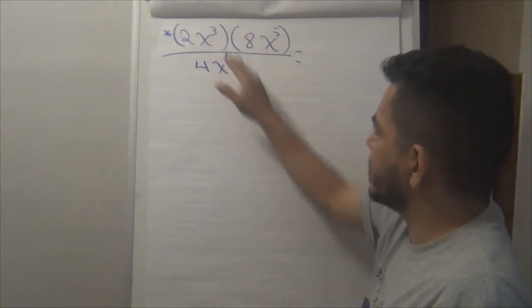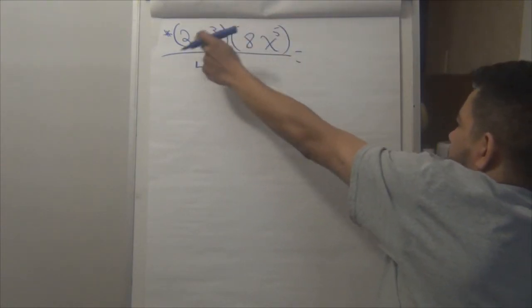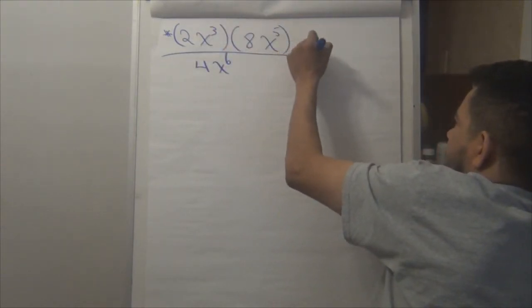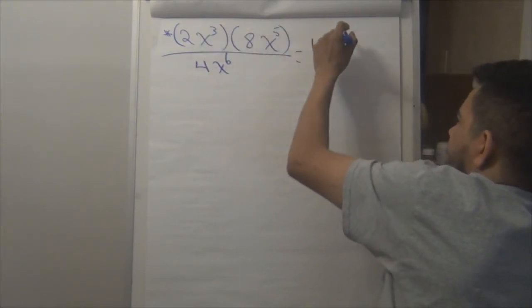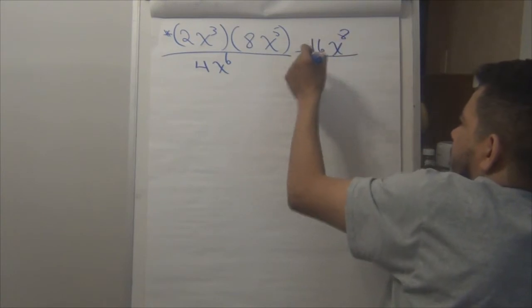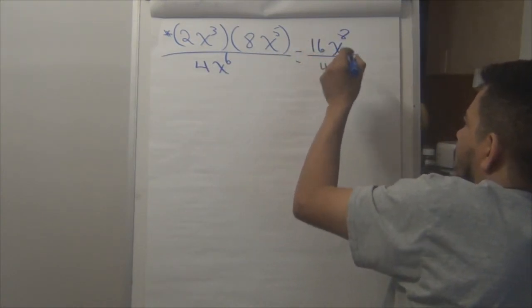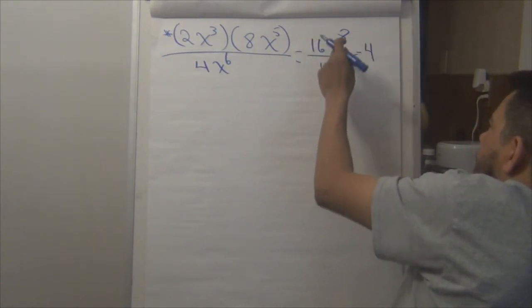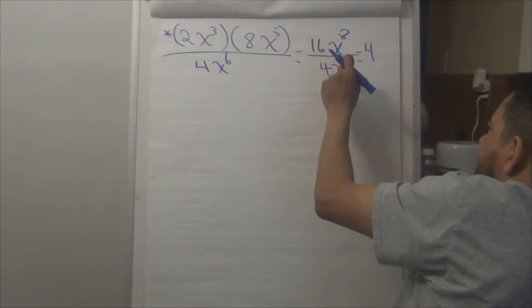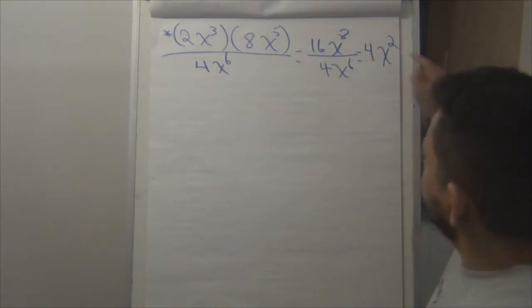No, this is a multiplication. So let me multiply the top to make it easier. 2 times 8 is 16. X to the third, x to the fifth, x to the eighth, divided by 4x to the sixth. Okay. 16 divided by 4 is 4. X to the 8th and x to the 6th, that's x squared.